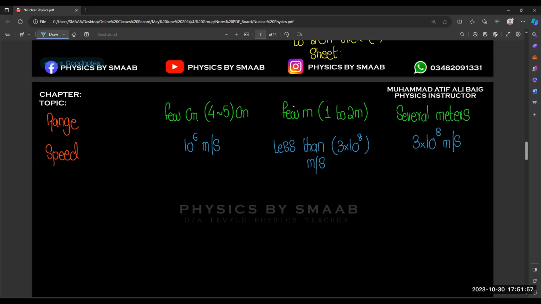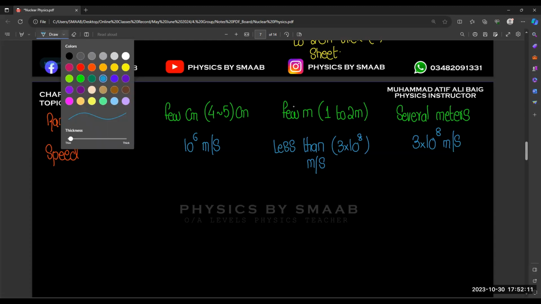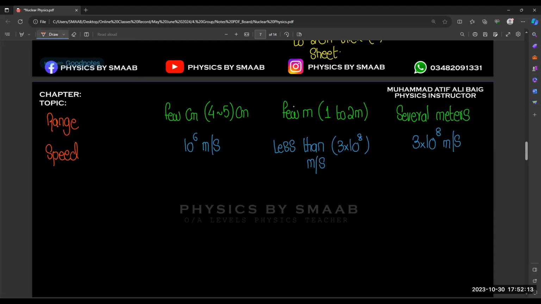One more property that is related to the ionizing power, and basically this ionizing power depends upon the charge of the particle. So you know that if you compare the ionization power, it actually depends upon the charge of the particle.